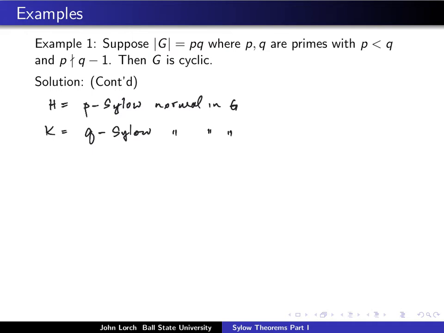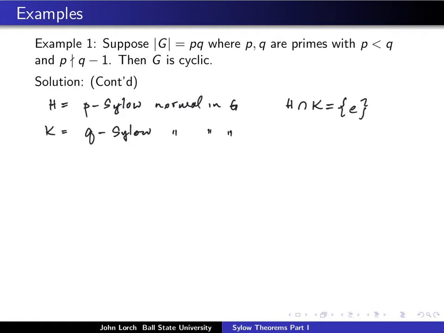We know that P and Q are not the same, so we know that H intersect K, remember, which is a subgroup of both H and K, has to be the identity.